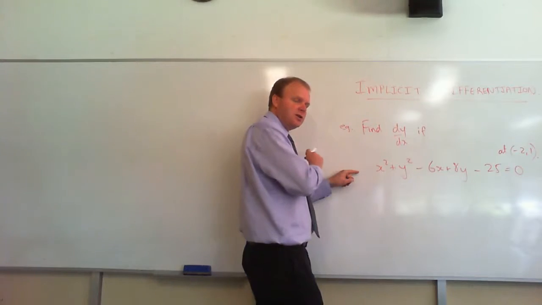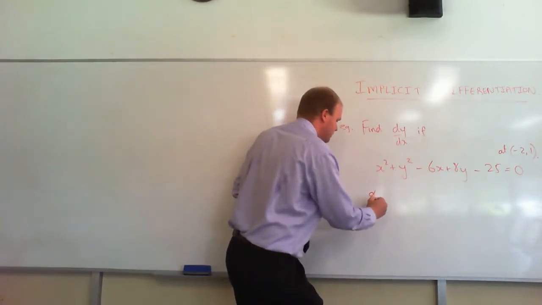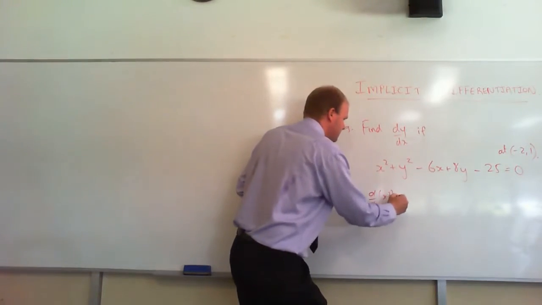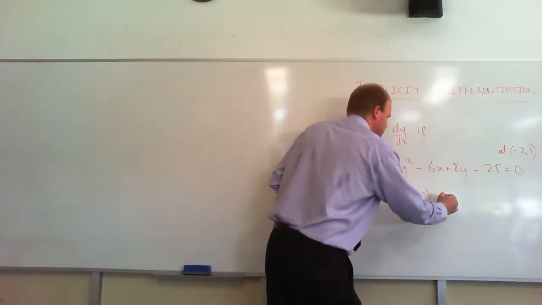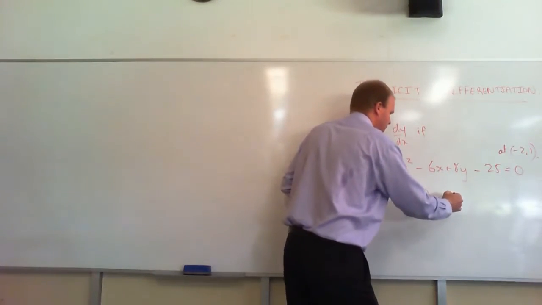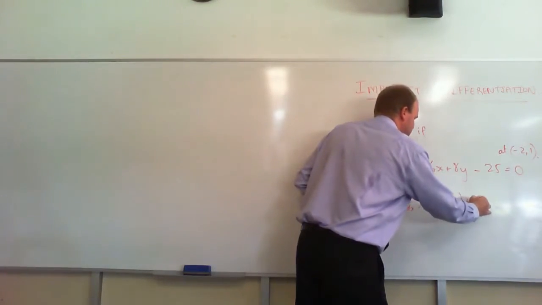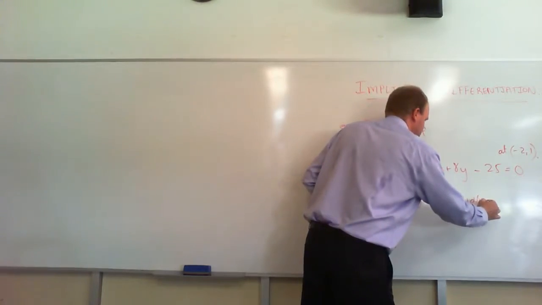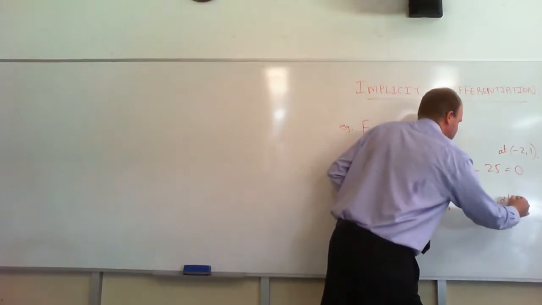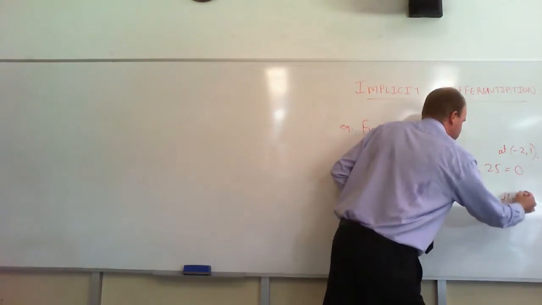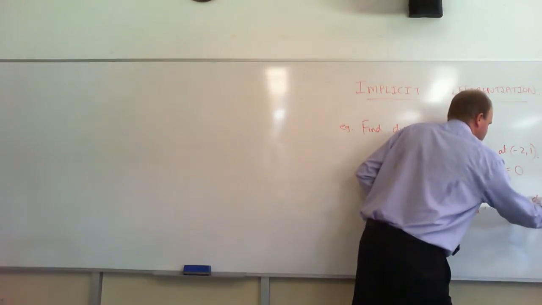Okay, implicit differentiation: differentiate every term with respect to x. So here goes, the derivative of x squared plus the derivative of y squared minus the derivative of 6x plus the derivative of 8y minus the derivative of 25 equals the derivative of 0.